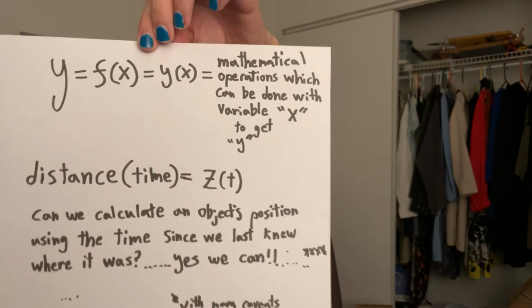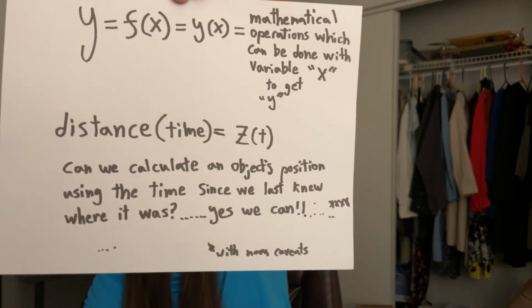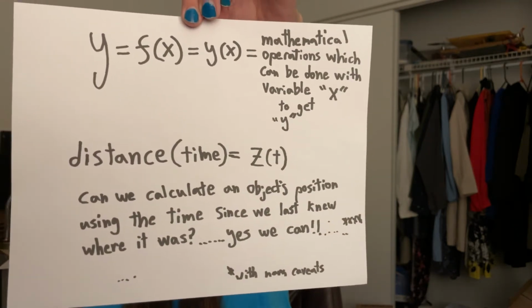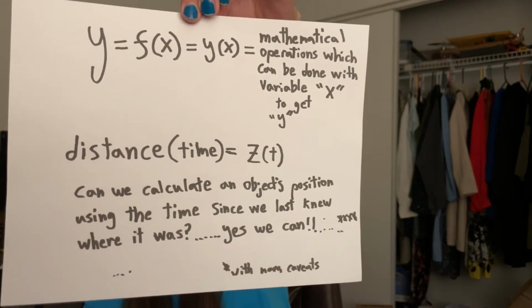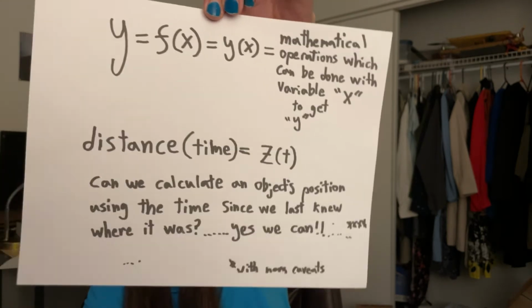So, now we have a mathematical model. Now let's define mathematical functions. We say distance is some function of time, just like y is some function of x. Cool, very simple. And then, that seems kind of confusing, right?